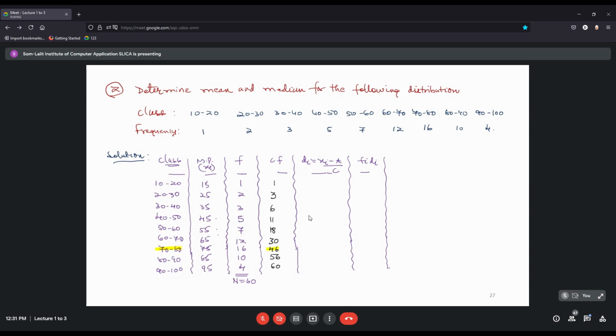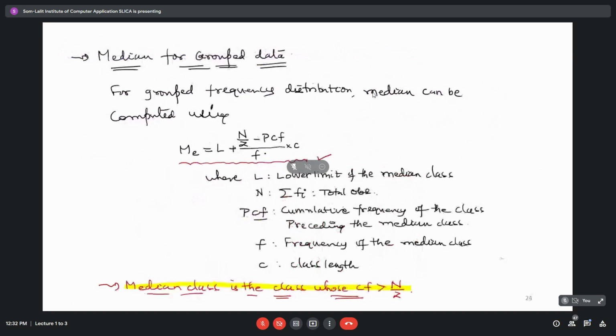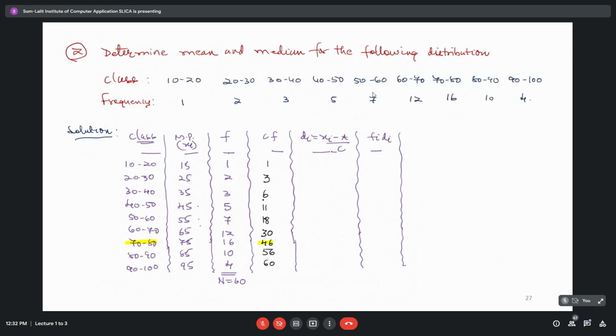Sir, what comes in the F space, what is F? It's what we did here, n by 2 minus PCF upon F. Lower limit has to be written, yes. Yes, tell me. Next slide. CF is this 46.